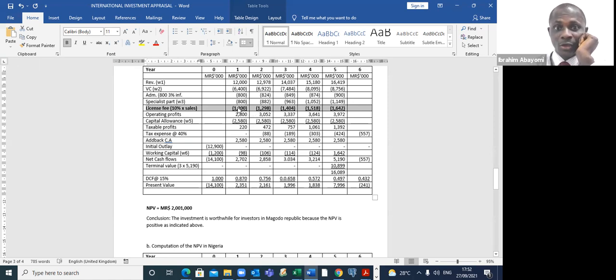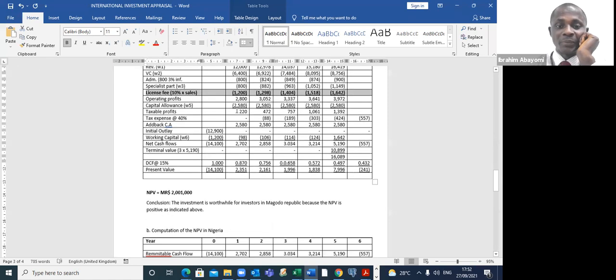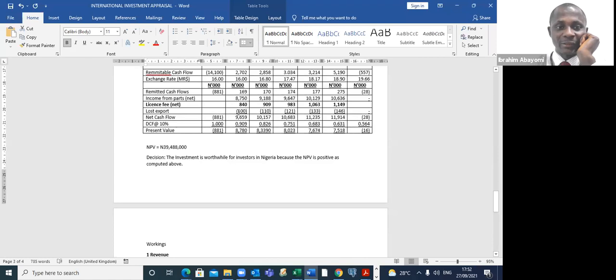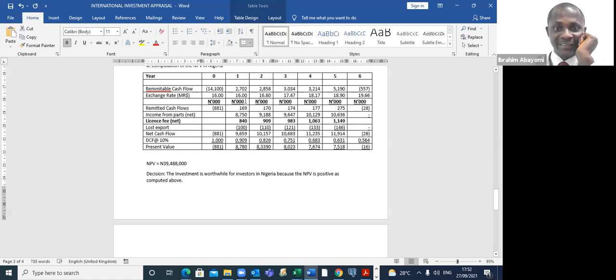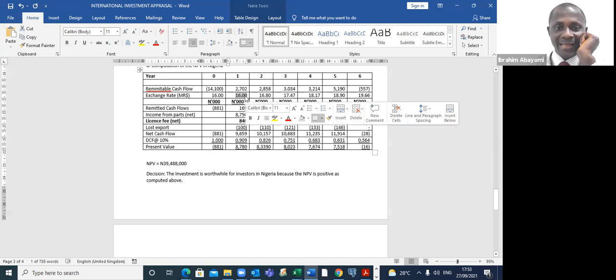So this 1,200 should be divided by year one exchange rate. What's year one exchange rate? Year one exchange rate is 16. So 1,200 divided by 16 times the net tax rate in Nigeria.